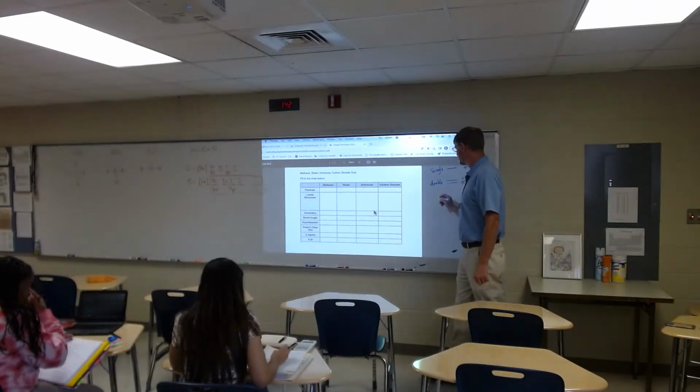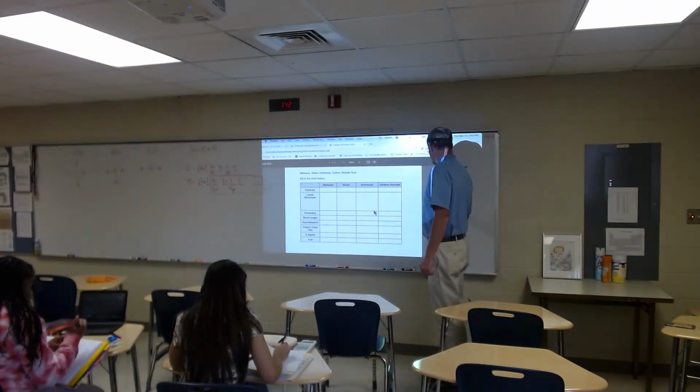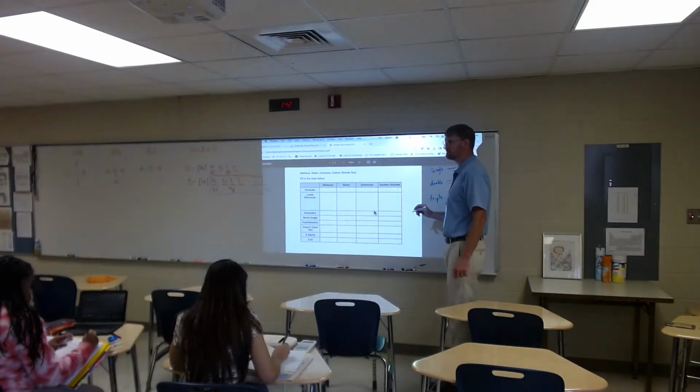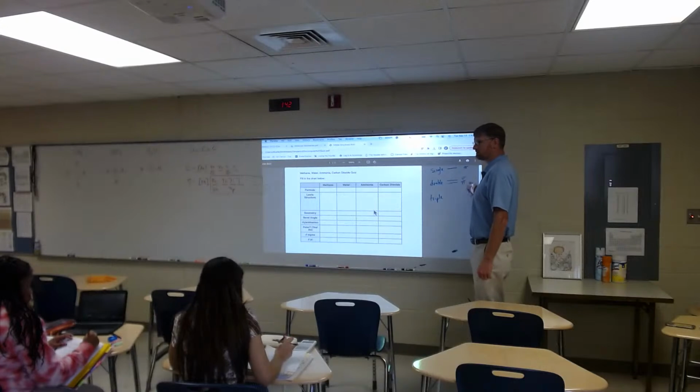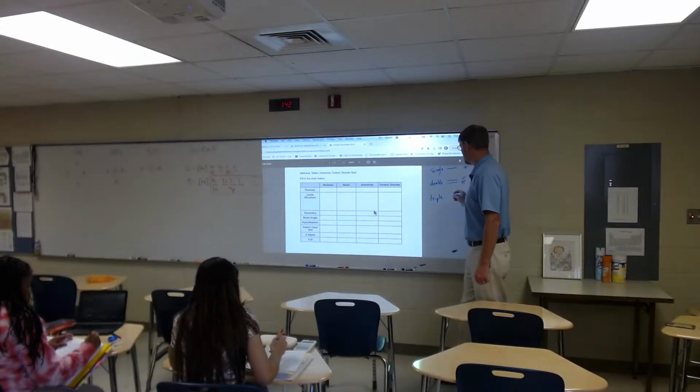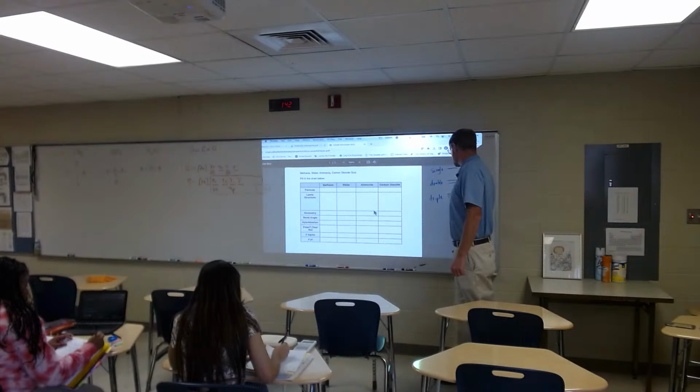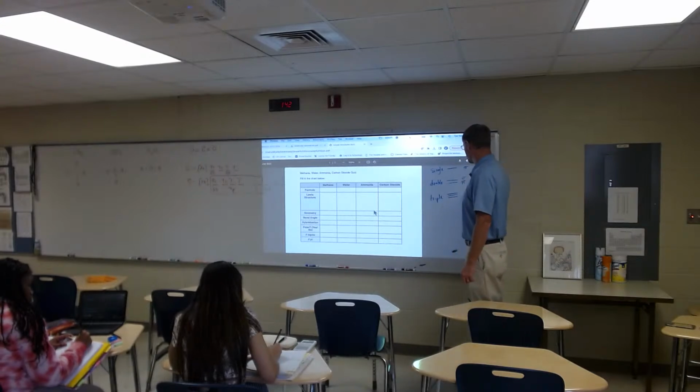Pay attention to this now. A double bond is a sigma bond and a pi bond, with Greek letters sigma and pi. A triple bond, which is symbolized by 3 bars, is a sigma and 2 pi's.